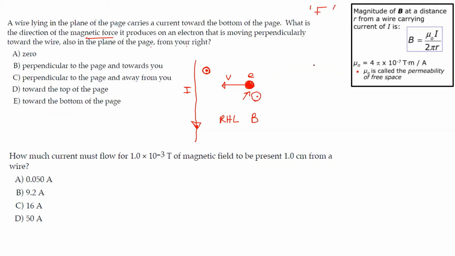So are you okay with the direction of the B field? This is not what they're asking in the problem. They're asking about the magnetic force. Are you okay with the B field? This is the direction of the B field. So try it and tell me if you're okay with it.